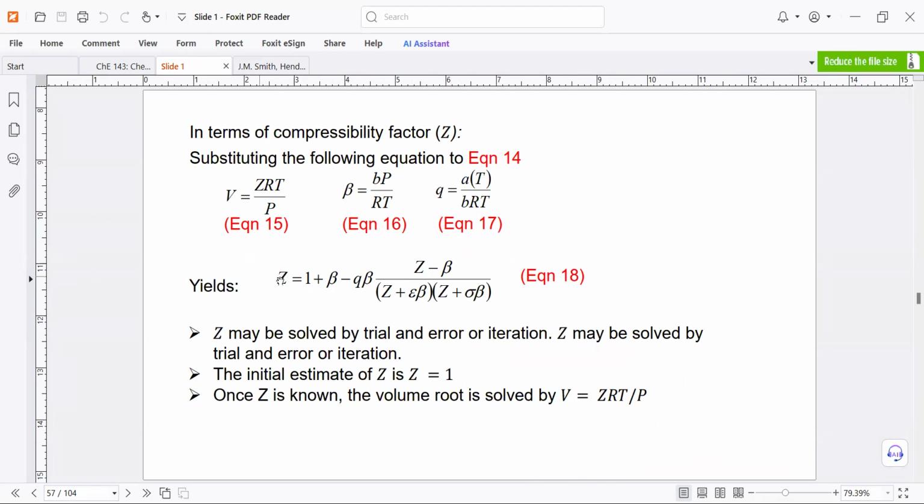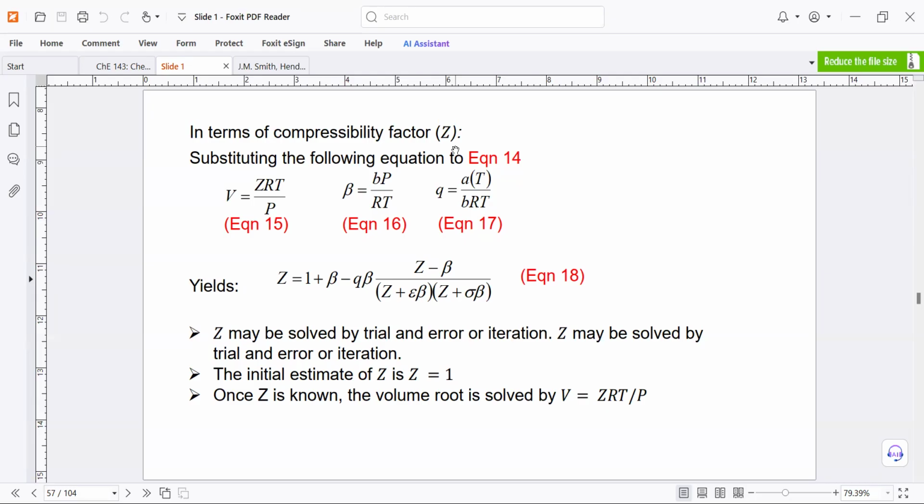So we have here Z and beta, Q. And how do we calculate beta? These are the important formulas for beta and Q. Now in this formula we have B and A. Again, B accounts for the molecular volume, and A is for the attractive forces.